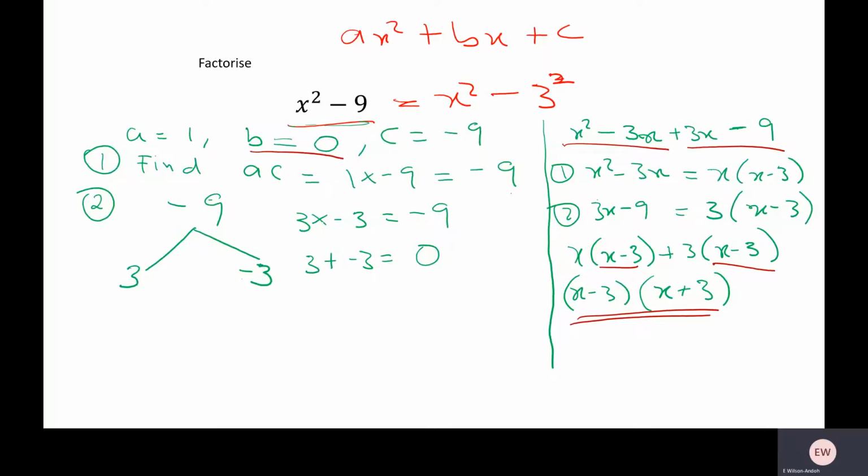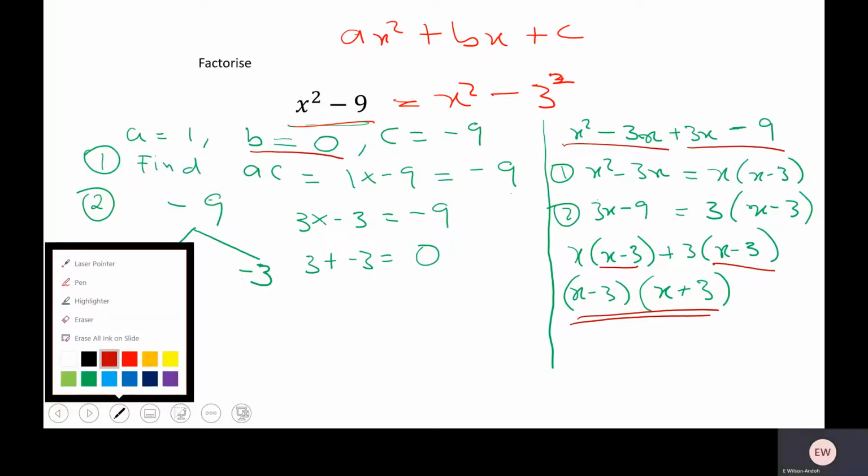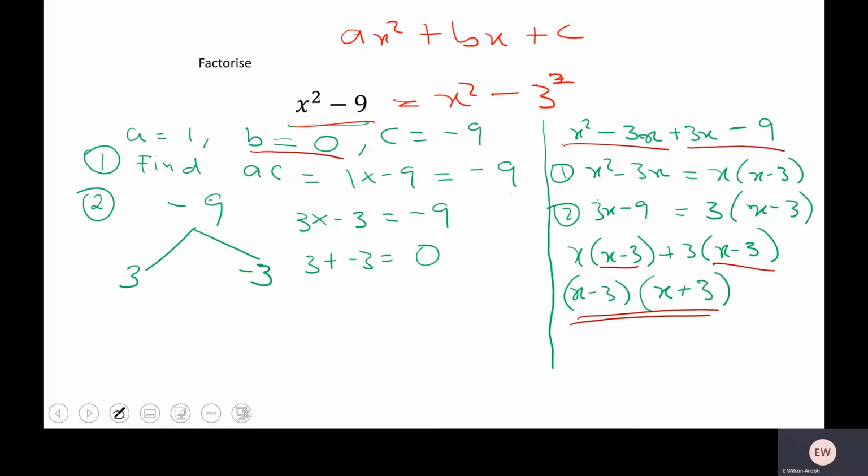Now, if you compare the basis of the two terms, after you've written it as difference of two squares, you will realize that in the bracket we have x minus 3 and then x plus 3. So once you write your expression as something squared minus something squared, then all you have to do is pick the first term and then the base of the first term, which is x, and then you subtract the base of the second term.